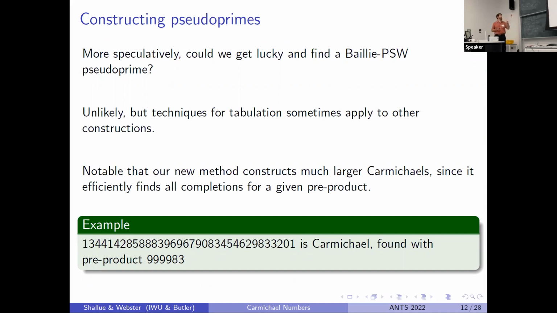A Baillie-PSW test means doing a single base 2 Fermat test and then a single Lucas test, but you've picked your polynomial of definition correctly so that the discriminant is -1, so that you have an independence in some sense between the two tests. If you're not careful, the Lucas test has overlap with the base 2 Fermat test. You want to choose your discriminants so that they don't have overlap.